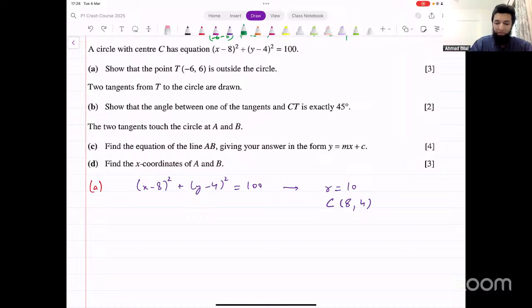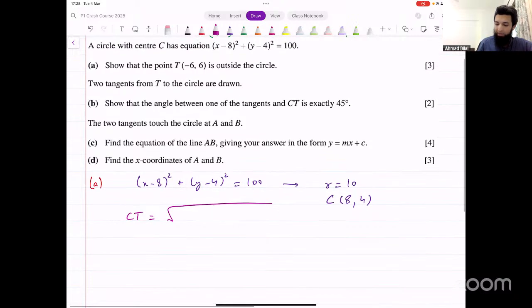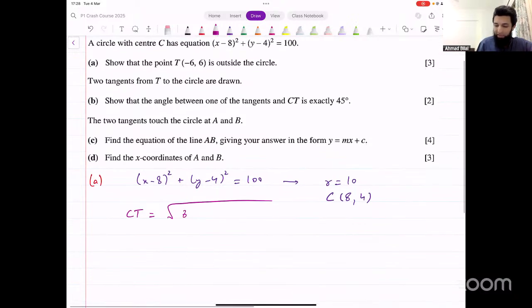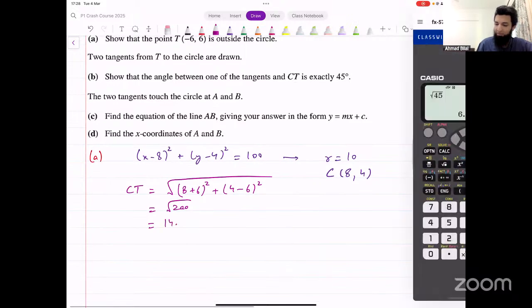So what we do is we find the distance CT, the distance between the 2 points C and T. How do you do that? Using the distance formula. (x2 minus x1) whole squared, we can say (8 plus 6) whole squared plus (4 minus 6) whole squared. And that gives us the square root of 200, which is 14 point something.